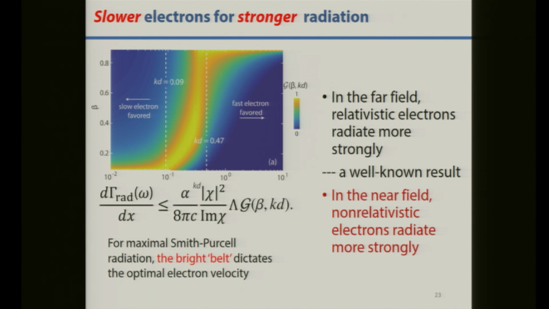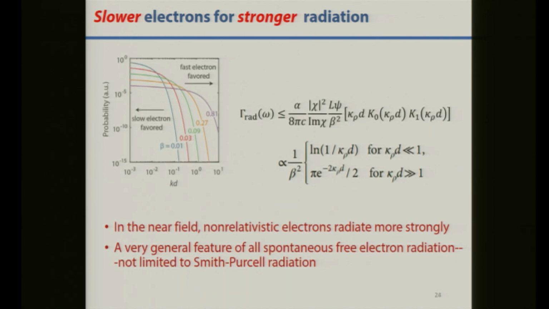And in fact, this finding is not intrinsic to the Smith-Purcell radiation. It is actually a generic consequence of the entire free electron radiation problem. If you think about this shape-independent upper limit and look at its asymptotics, you find that for the near field, it's a logarithmic relation, but for the far field, it's exponentially decaying.